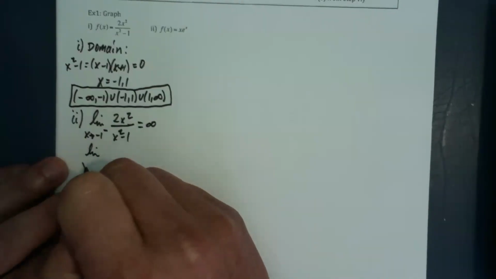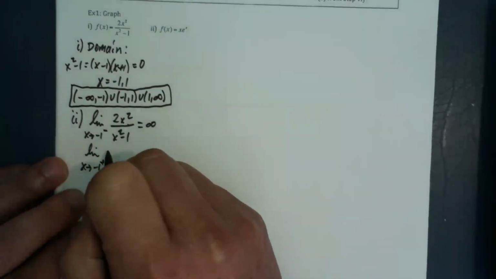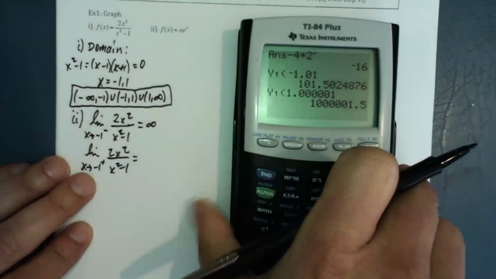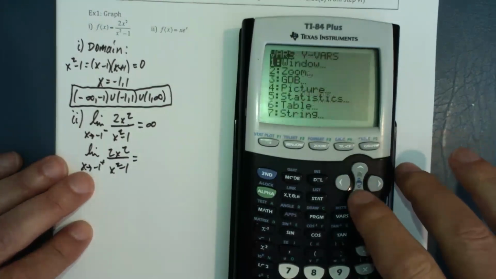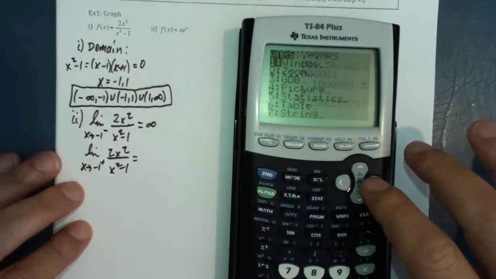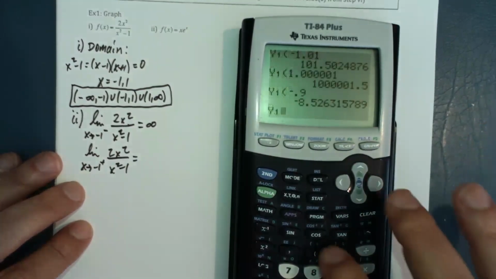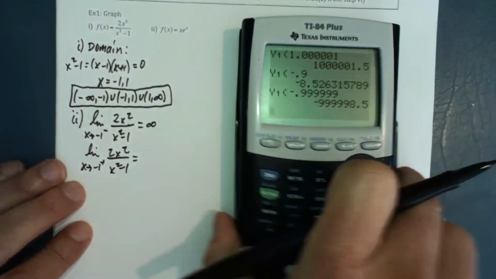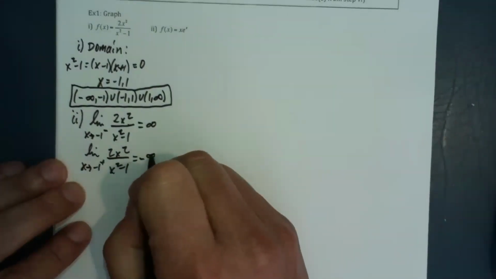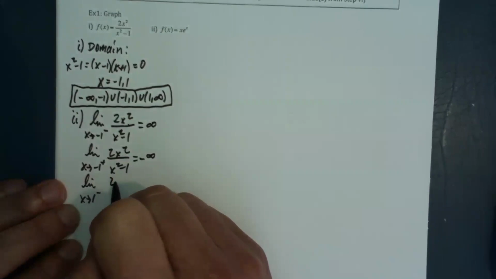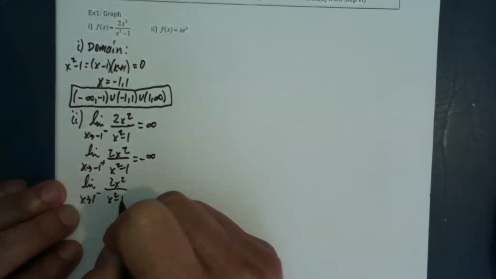Let's do the limit as x approaches -1 from the positive side. That's -0.9999 and so on. So -0.9, we'll say. Looks like probably going off to negative infinity. Let's try it again, -0.99999. And we're definitely going off to negative infinity here. Let's take the limit as x approaches 1 from the negative direction, or from the left side, I should say.